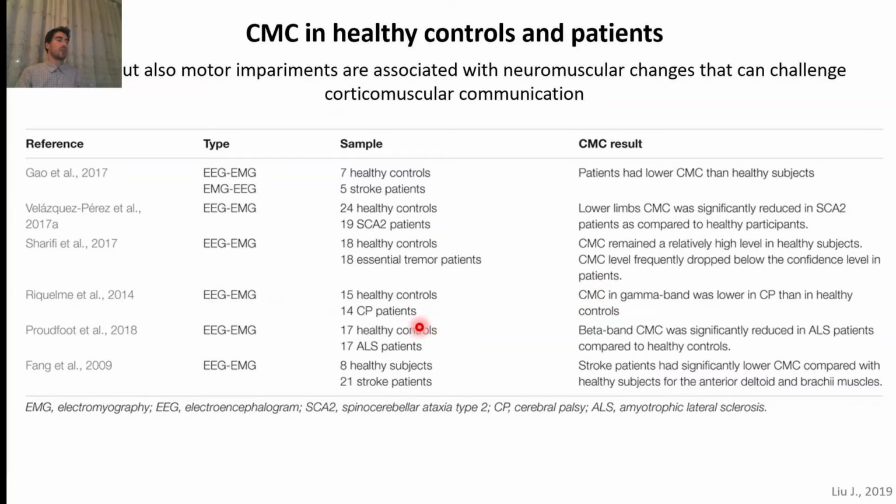If you check with amyotrophic lateral sclerosis patients, you would see that beta band CMC can be significantly reduced in ALS patients compared to healthy controls. And of course, interestingly, stroke patients had significantly lower CMC compared with healthy subjects for the anterior deltoid and brachii muscles, for certain types of muscles. So this goes to prove that depending on the frequencies, if you design the study well, you can actually compare controls and patients.